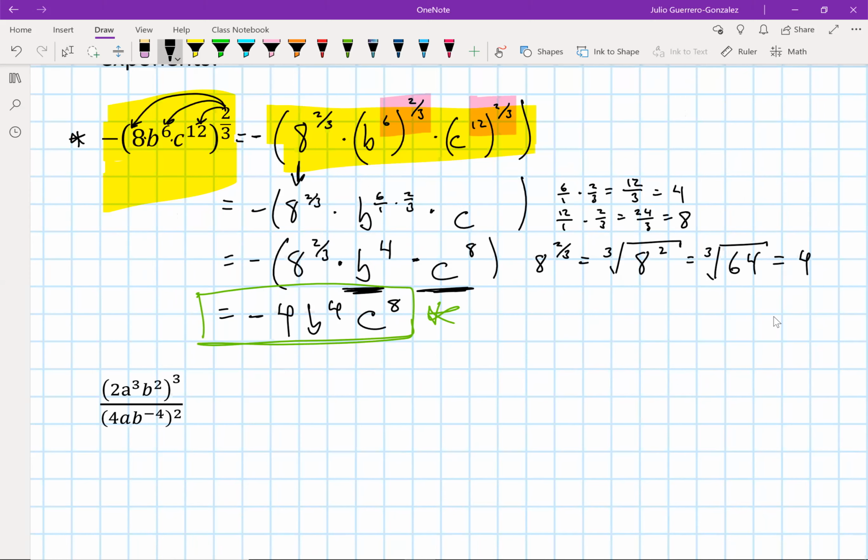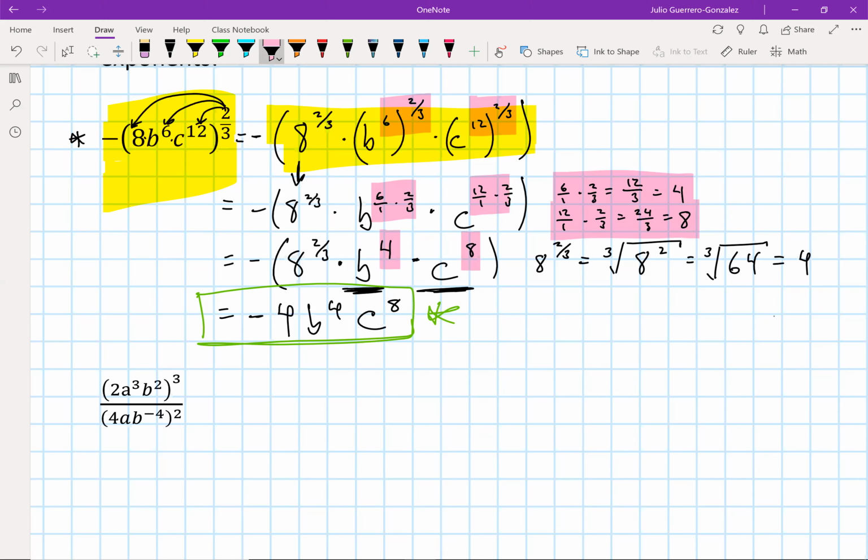And then over here, for the C, we have 12 over 1 times 2 over 3. So that's where this math came from. And it just so happens I did them over there to the right-hand side. And that's where we get our 4. That's where we get our 8.